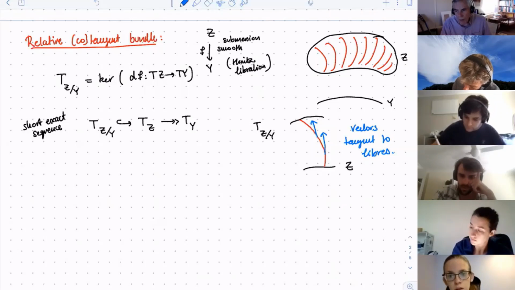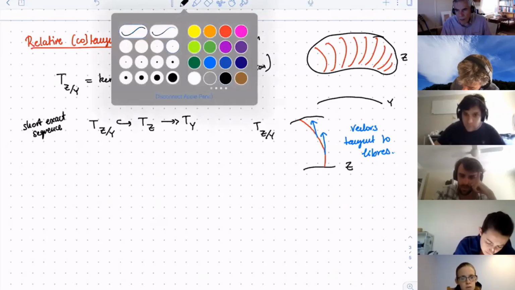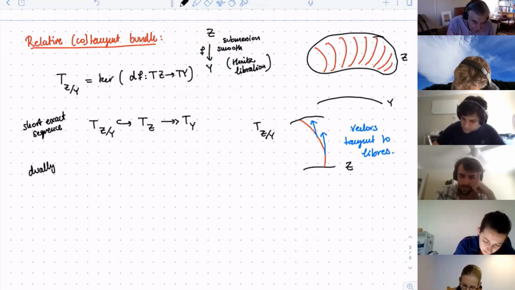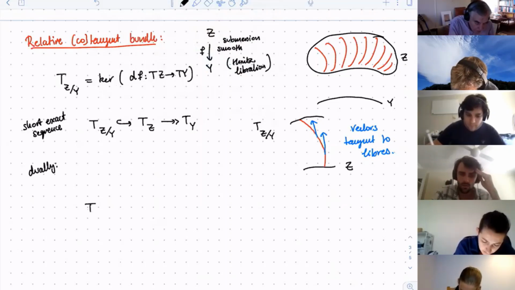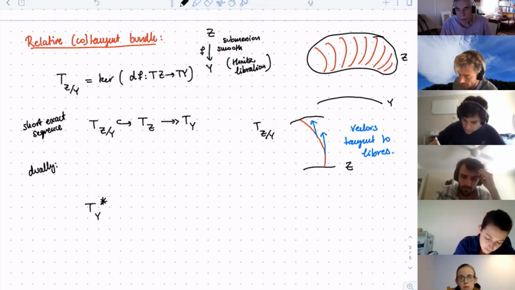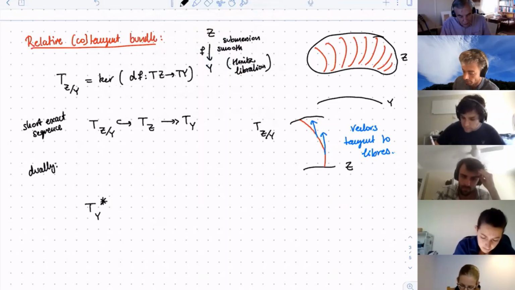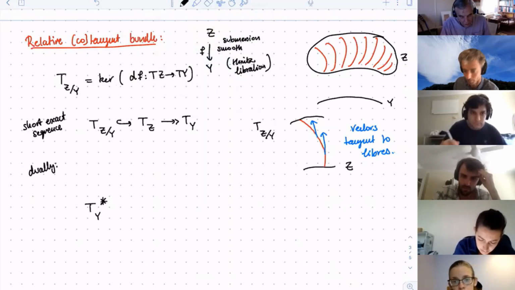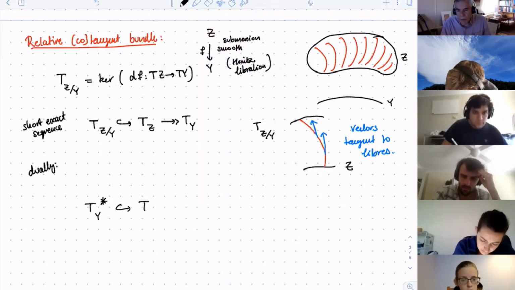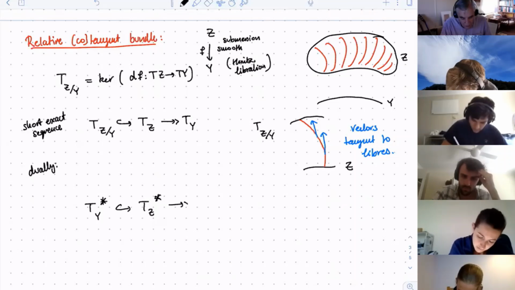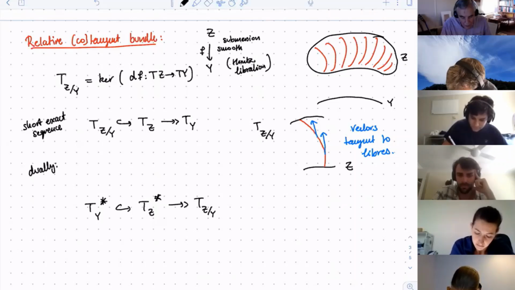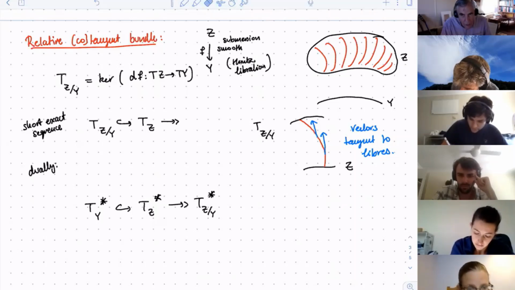And dually, we have the cotangent bundle. Remember, tangent vectors are covariant, cotangent vectors are contravariant. Sorry, it should be pi upper star.